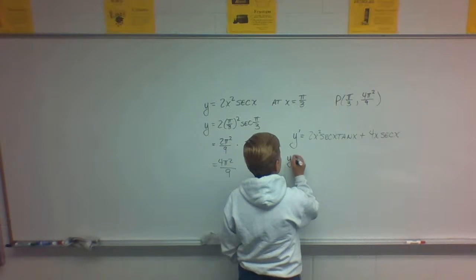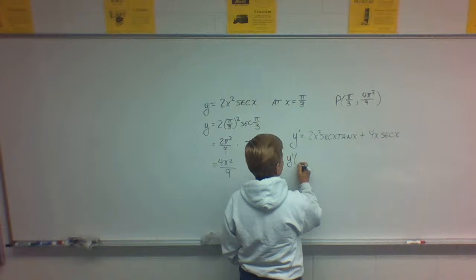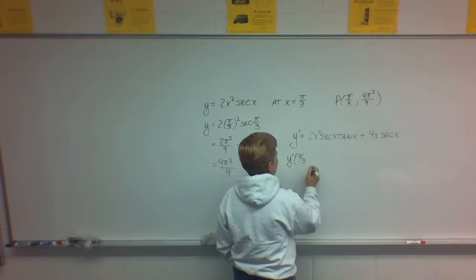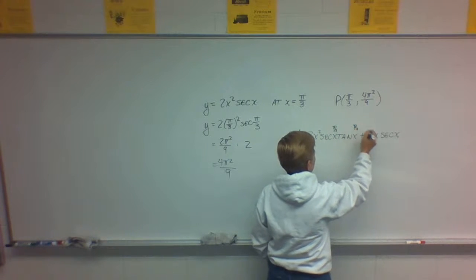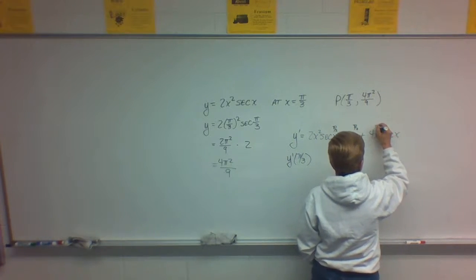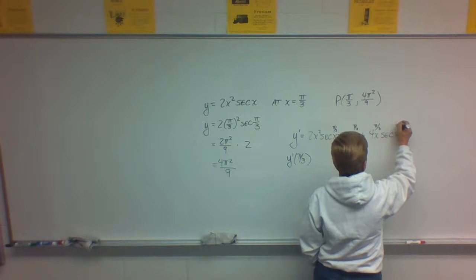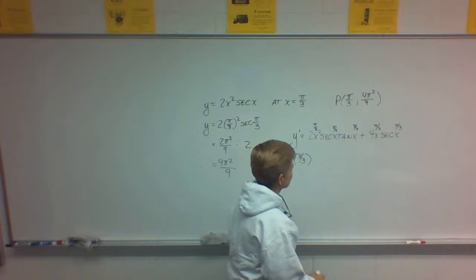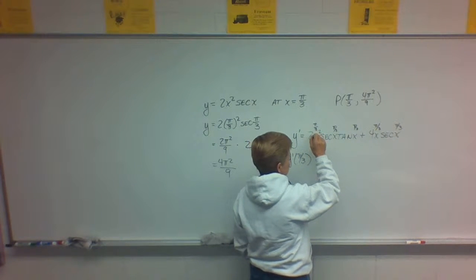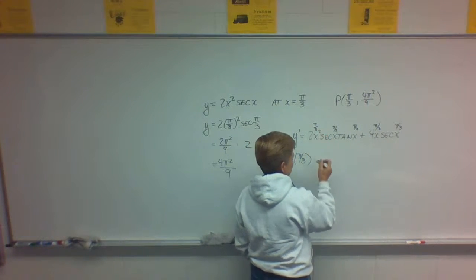So y prime at what? What are we evaluating it at? Pi thirds. So without writing another line, I'm going to put pi thirds here, just to remind me, pi thirds here, and pi thirds here, pi thirds here, and pi thirds here. That's going to be 2 pi squared over 9. Do you agree?